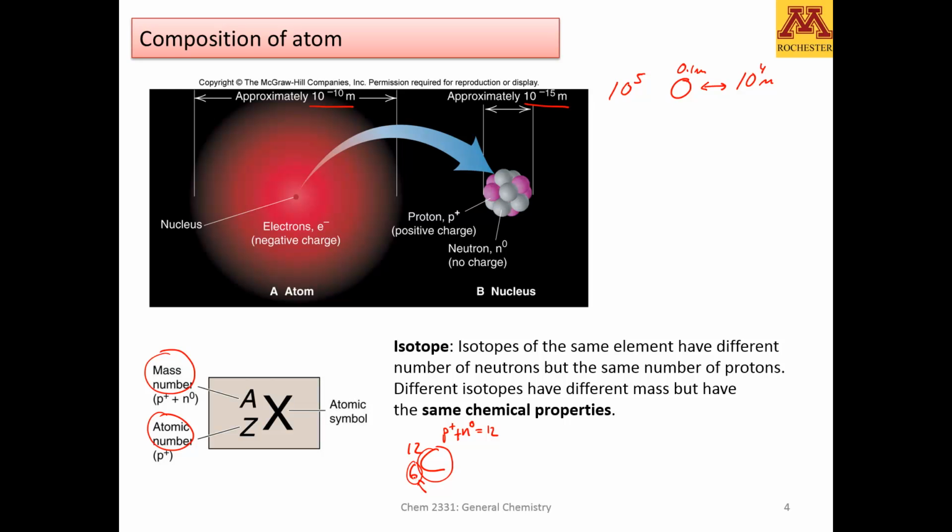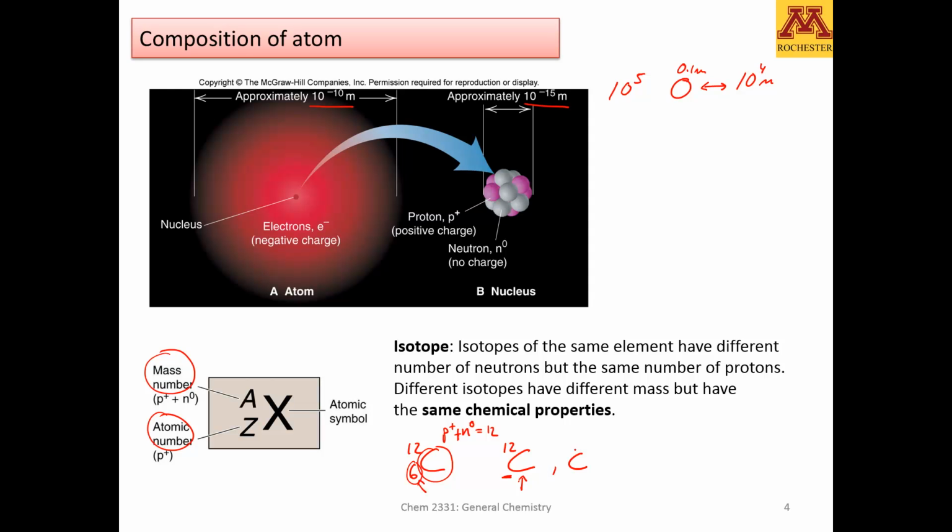Notice that these two symbols are redundant. To say that it has 6 protons is the same as saying that it is carbon. So most of the time we will refer to atoms as this. We will not write the atomic number down here because the element symbol already reveals the number of protons. So what's an isotope?